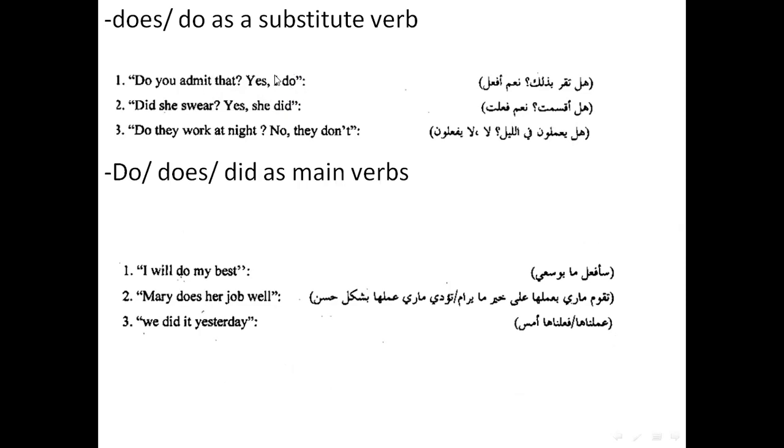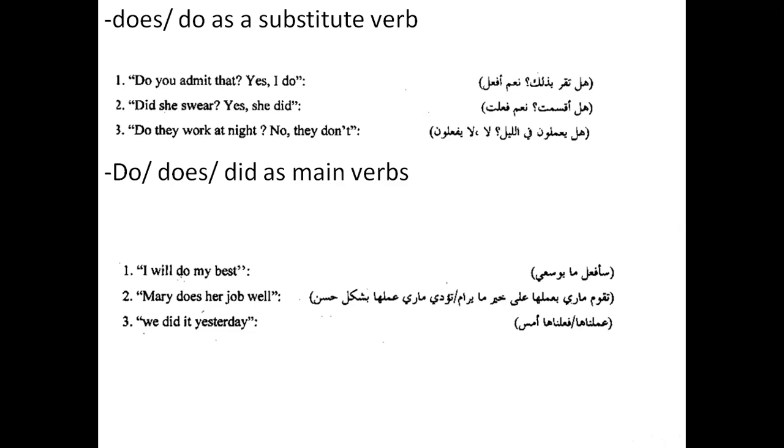So the clause admit that is substituted by do. Okay, so what is meant by substitute verb? We substitute a phrase, or a whole phrase, by do or does or did in the past.